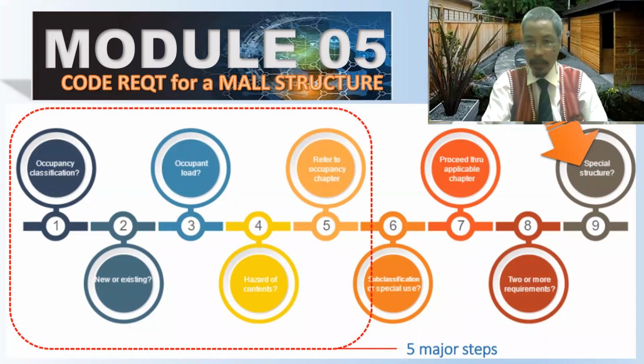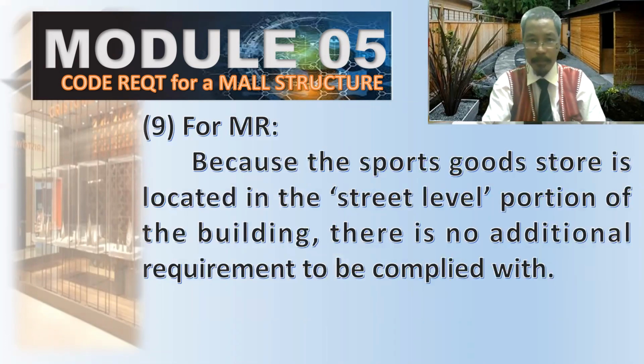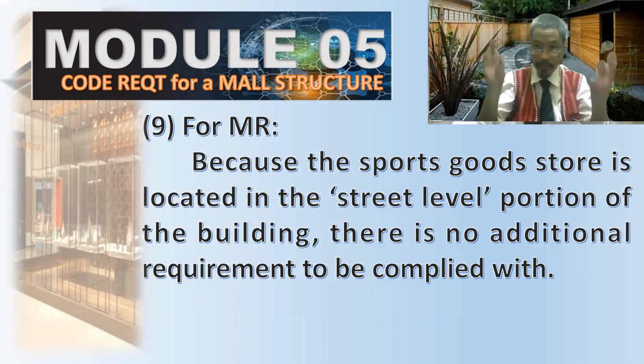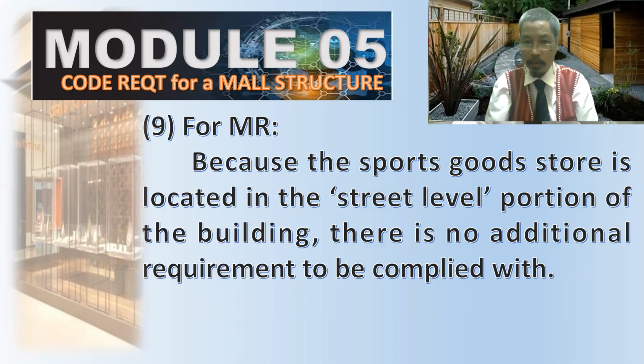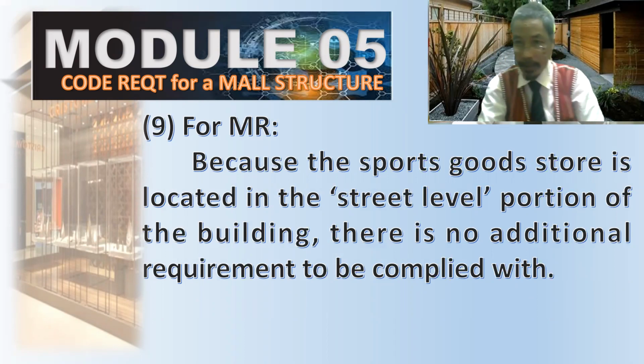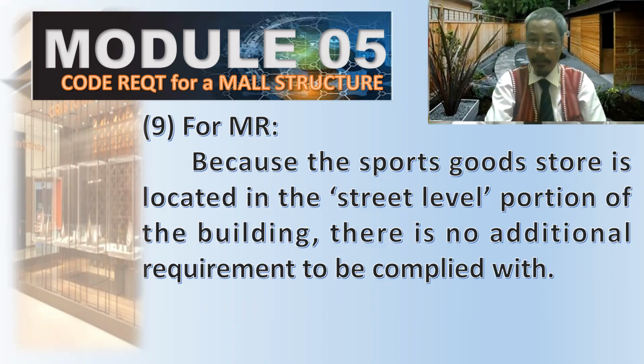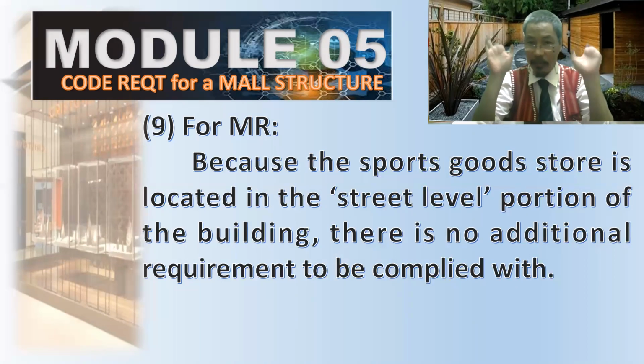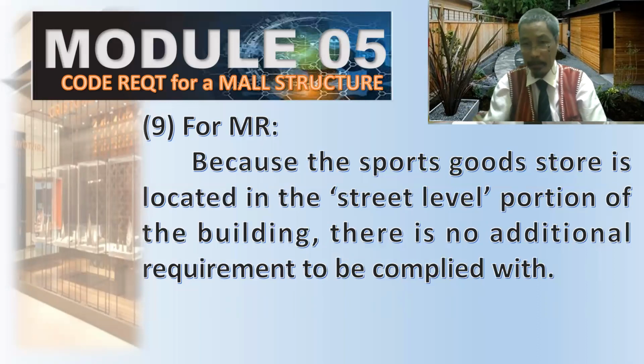And lastly, we have the 9th step. For our 9th step, because the sporting goods store is located in the street level portion of the building, there's no additional requirement to be complied with. There's nothing special. We already made the speciality of being in the street level. That is the special thing about this. Okay, we do not have chapter 11.